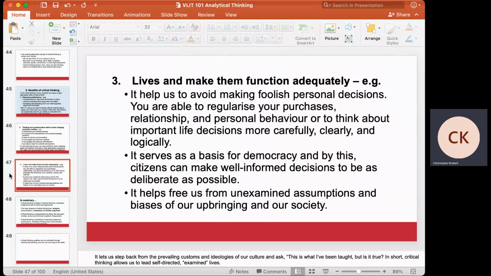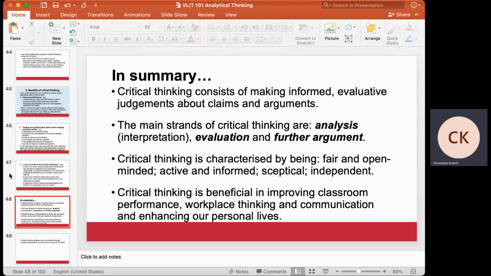So having said all of this, I will bring my class to a close, in summary, by telling you what it is. Broadly, critical thinking consists of making informed, evaluative judgments about claims and arguments. The main strands of critical thinking are what we have just discussed over and over: analysis, evaluation, and then further argument.